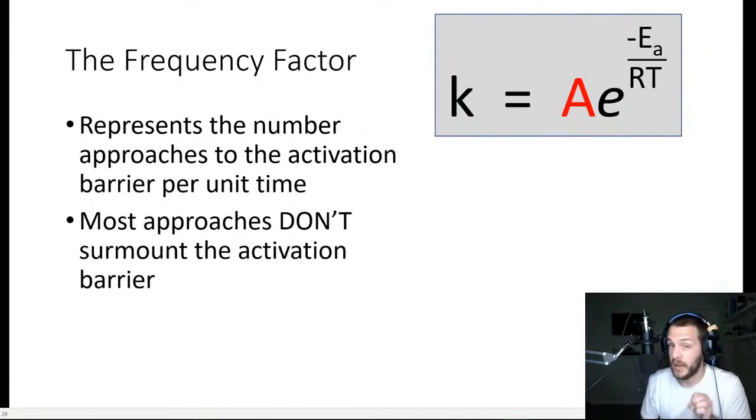But not all approaches to the activation barrier are successful. In fact, most approaches do not surmount the activation barrier and result in the formation of products. So that's the frequency factor.